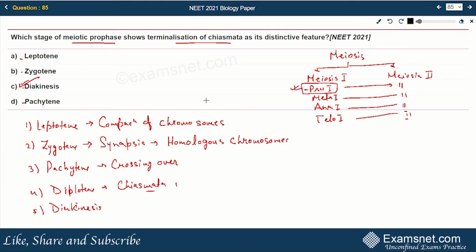So this is formed in this stage, but this chiasmata is terminalized in diakinesis. So this includes terminalization of chiasmata. Got it? Therefore, the correct option will be option C, that is diakinesis. Fine.